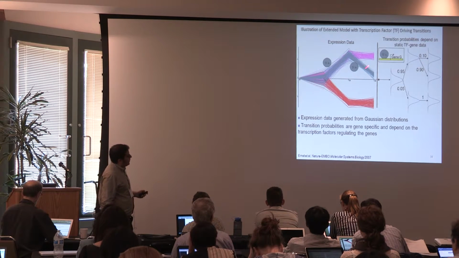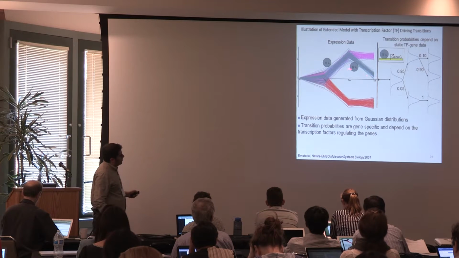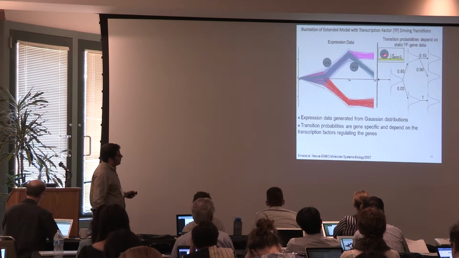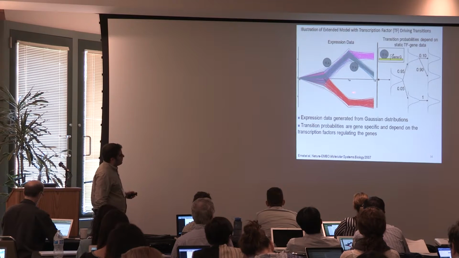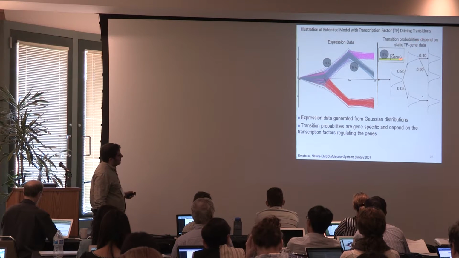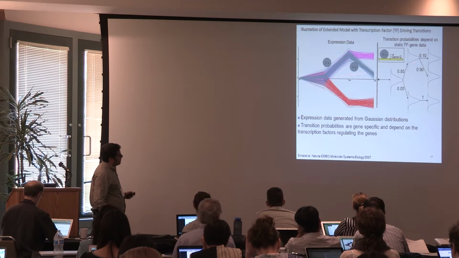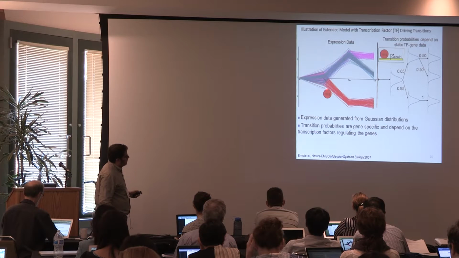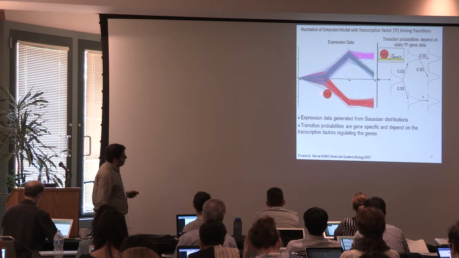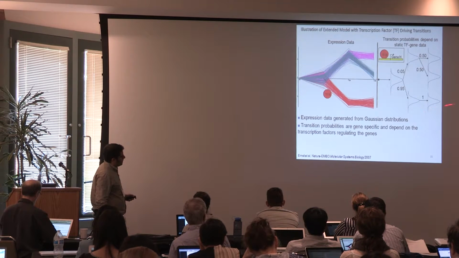So if we knew, for example, that most of the genes on this path were regulated by transcription factor A, so genes regulated by transcription factor A tended to go this direction and then this direction, then for a gene regulated by transcription factor A, we would want to put a higher probability that it would go up on this path and then a greater probability to go on that path. Similarly, if we knew genes regulated by transcription factor B tended to go on this path, we would put a higher transition probability to go down this path.